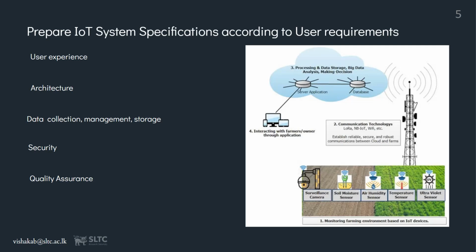This network is able to get measurements of soil moisture, air humidity, temperature, ultraviolet sensors, and then it has the ability to take measurements from these sensors and update that data to the network infrastructure.